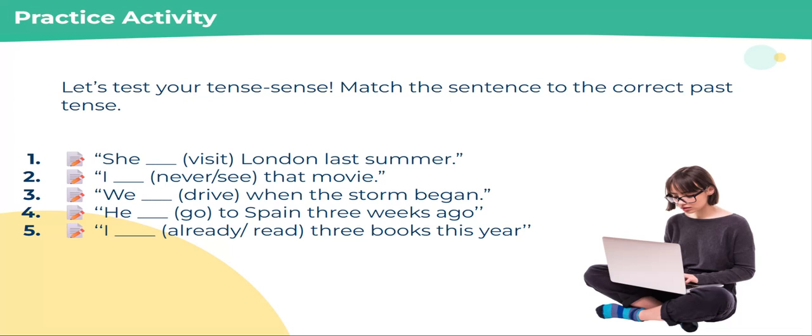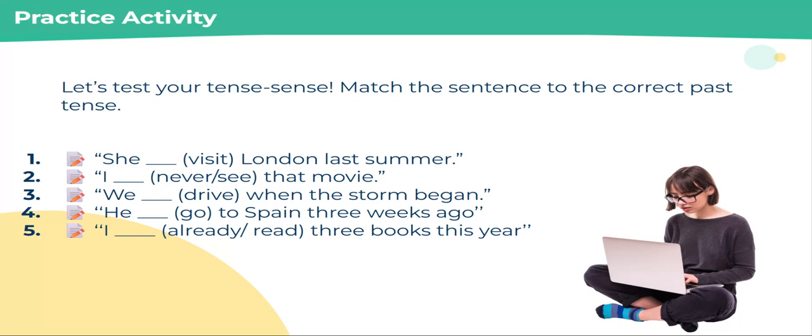Beautiful. He went to Spain 3 weeks ago. And the last one: I already read 3 books this year. What is the tense? Rashida. Have already read. Beautiful, everybody.